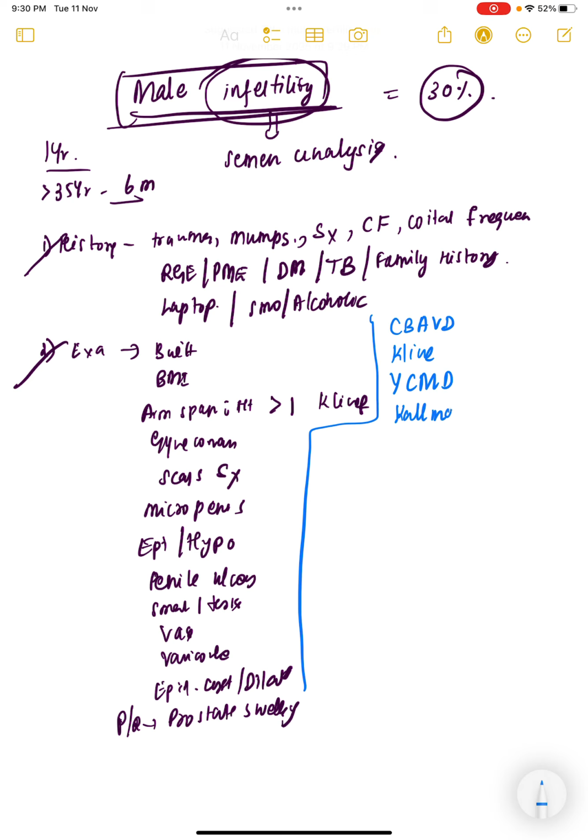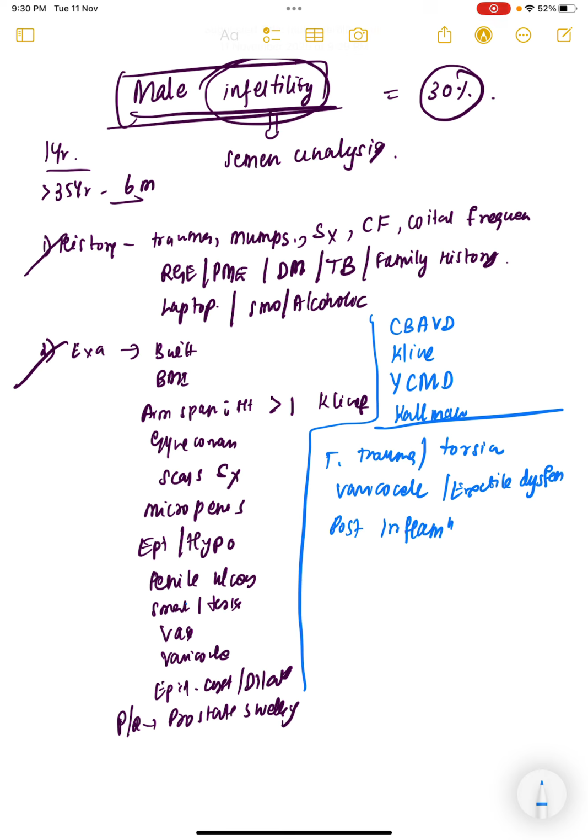Acquired causes include testicular trauma, torsion of the testis, varicocele, erectile dysfunction, premature or retrograde ejaculation, post-inflammation such as mumps orchitis, or exposure to irradiation. Idiopathic causes include smoking, alcohol, obesity, use of recreational drugs, or toxin exposure to the sperm. These are some of the causes of male infertility.